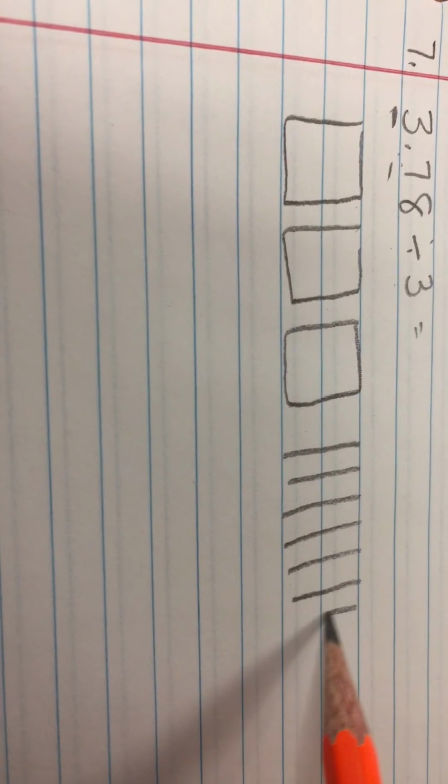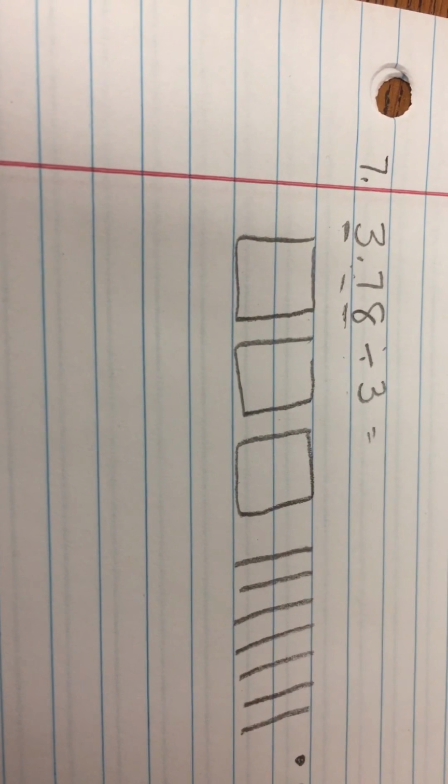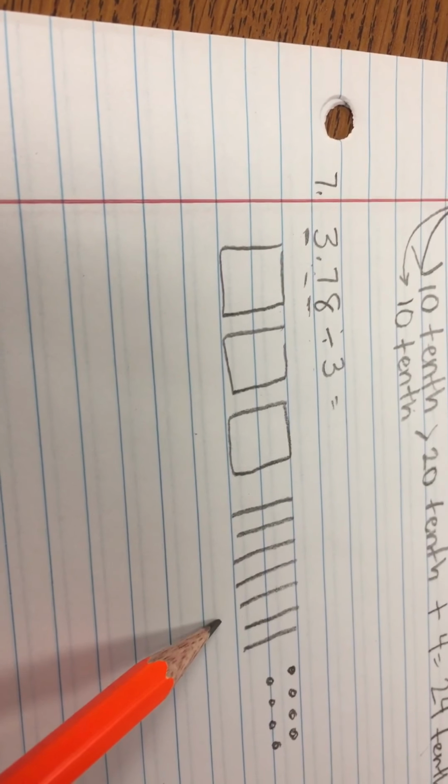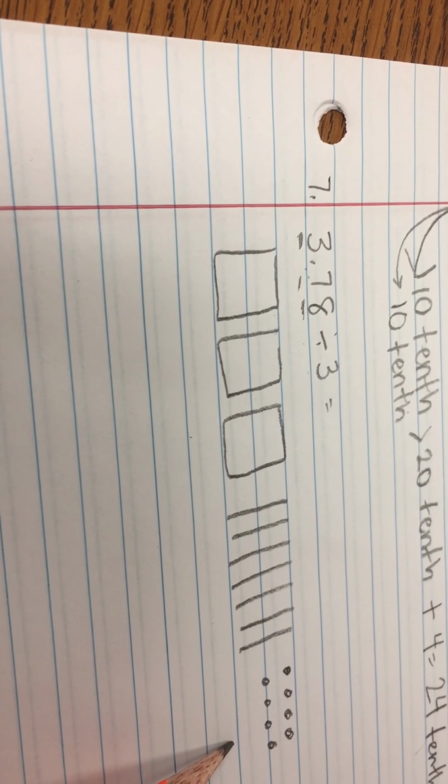And there are 8 hundredths, so we need to draw 8 hundredths. 1, 2, 3, 4, 5, 6, 7, 8. So there's our model for 3.78. We have 3 ones, 7 tenths, 8 hundredths.